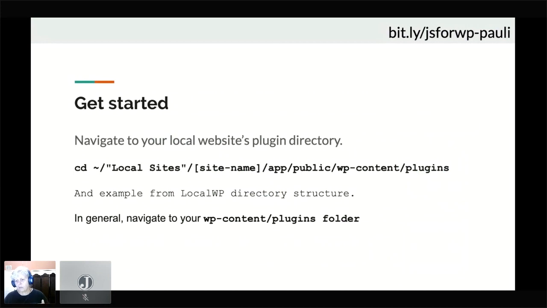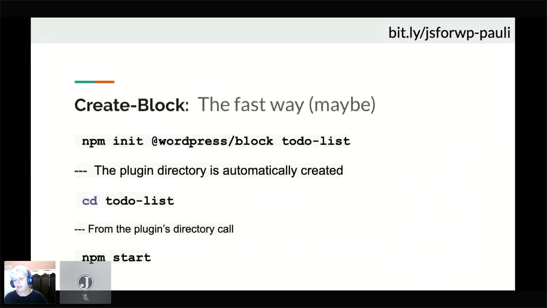In general, you just go to the wp-content/plugins directory, and then you could do the fast way and just run npm init @wordpress/block, and then the slug of the plugin, like in this example, todo-list. Once it's gone through, you go to the todo-list folder, and then start with npm start, and then you can start developing.